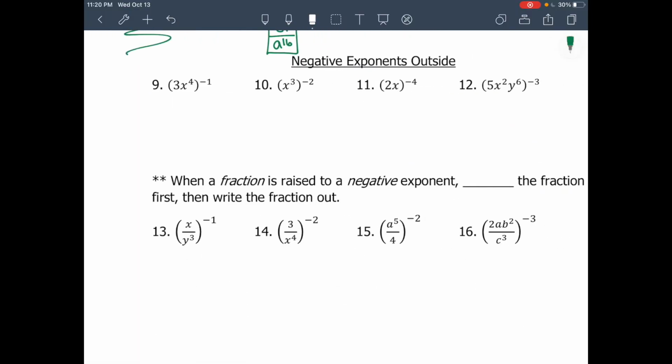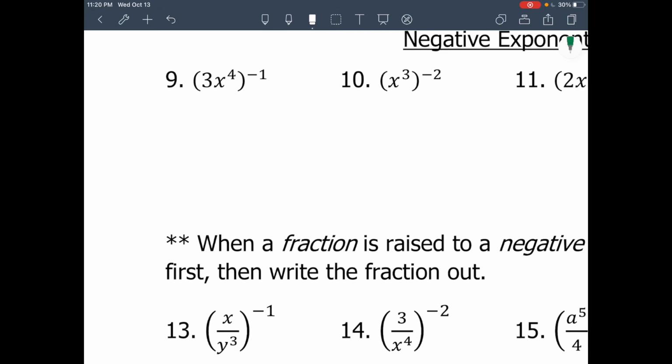Okay, with number 9, it says negative exponents on the outside. You're treating them just like you were doing before, where you're flipping. So 1 over 3x to the 4th, and then now it's to the positive 1. This means it just stays the same, so I'm just going to write 1 over 3x to the 4th.